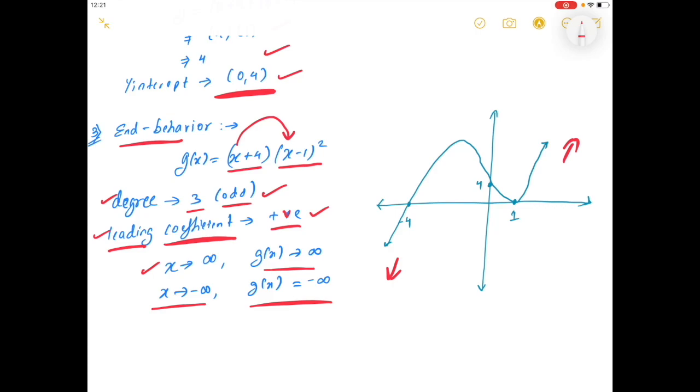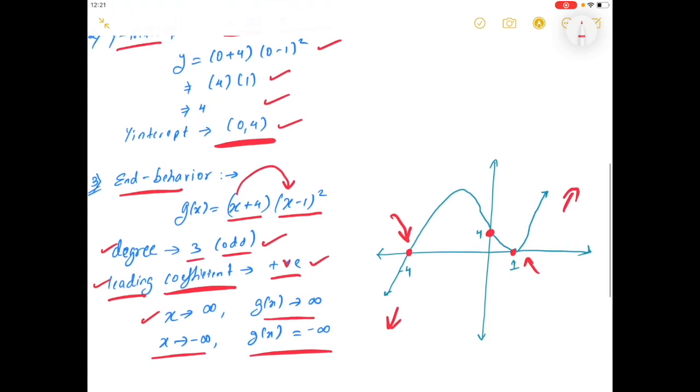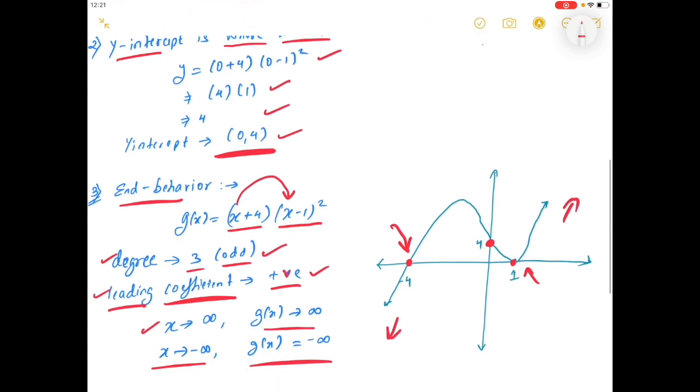So now we know the end behavior, and we know the intercepts. Now we have to graph it. You can see that at the x-intercept negative 4 it crosses, but at the x-intercept 1 it touches and bounces back. How do we know that? It depends upon the multiplicity. If the multiplicity is odd, it crosses, and if the multiplicity is even, it touches at that point and bounces back.